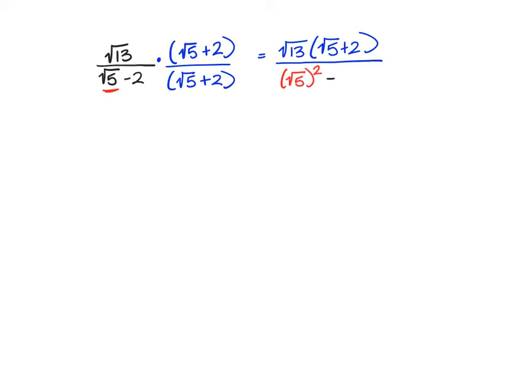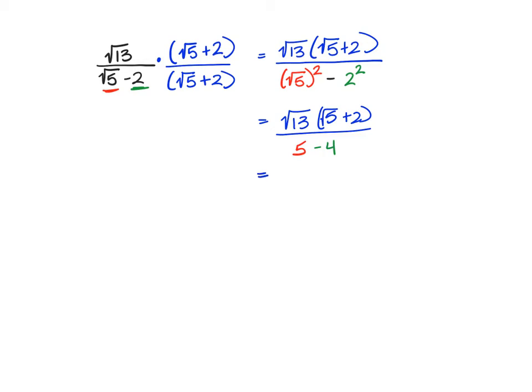And then we're going to take our 2 and square it. And that will give me root 13 times root 5 plus 2 over 5 minus 4. So we get 1 again for our denominator.